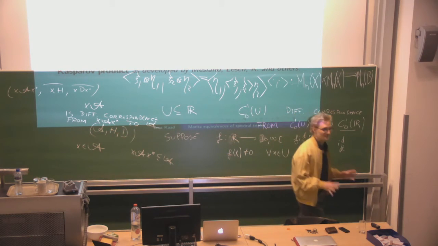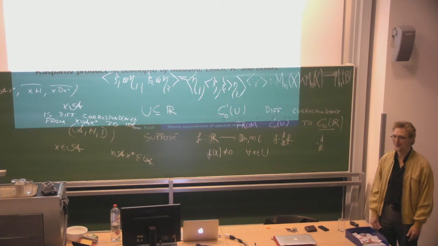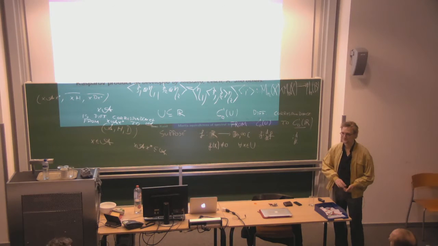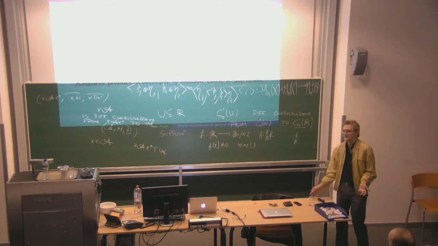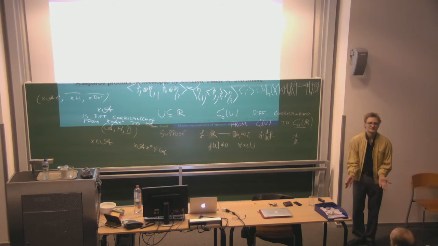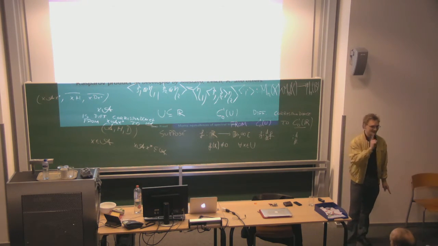It's extremely explicit. You choose a sequence of generators of your module and use that to form the Kasparov product. But in general, you don't have nice generating sequences for your module. Even though it might be generated by a single element, this need not be nice.